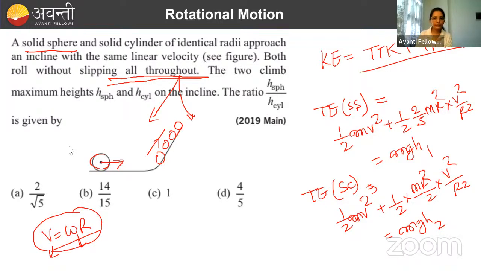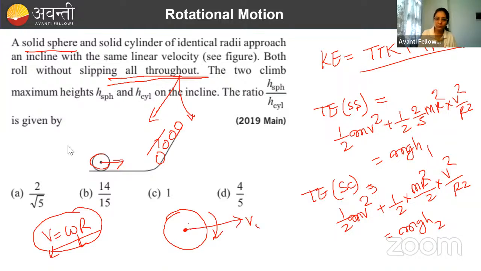What was the doubt in this? It's not a complicated case. In rolling motion, we take the rotation around the center of mass. It's rotating around the center of mass, and with time this center of mass is also moving forward.